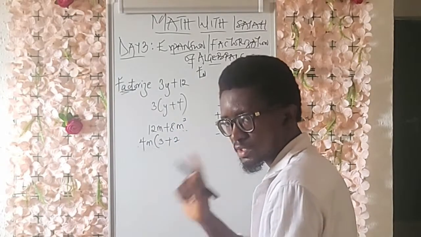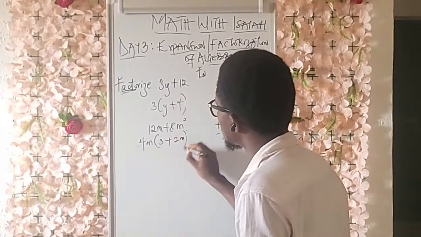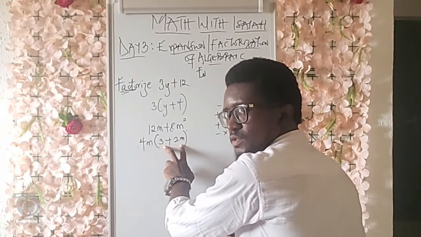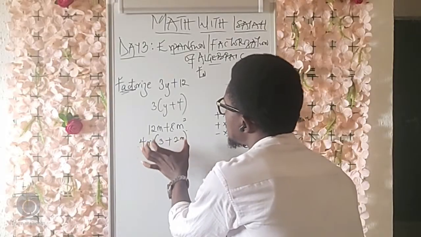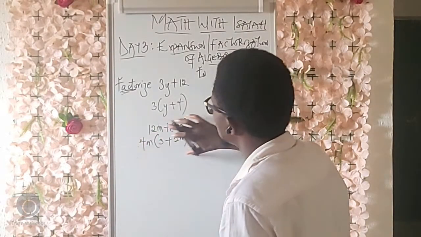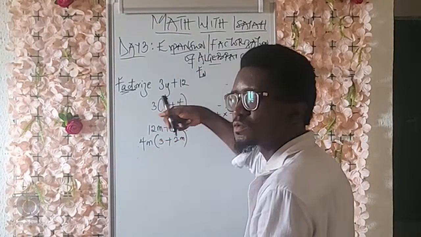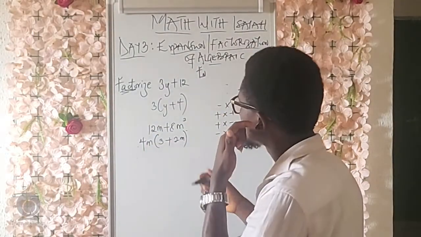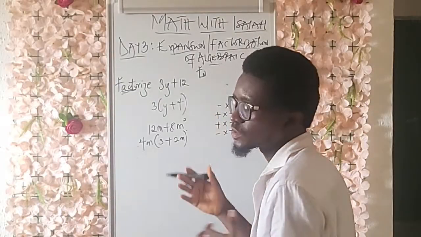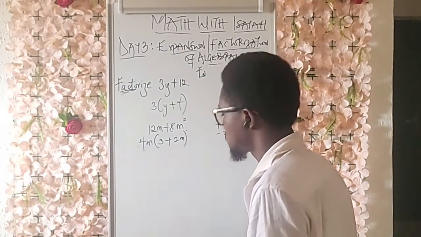So if you're removing 1, you're left with 1. 2m. Now this is correct because now there's nothing again that you can remove from it. So this is how you factorize this. So this is what they mean by factorization, and the last thing we did was expansion. So this is how you factorize and expand algebraic functions or algebraic expressions.